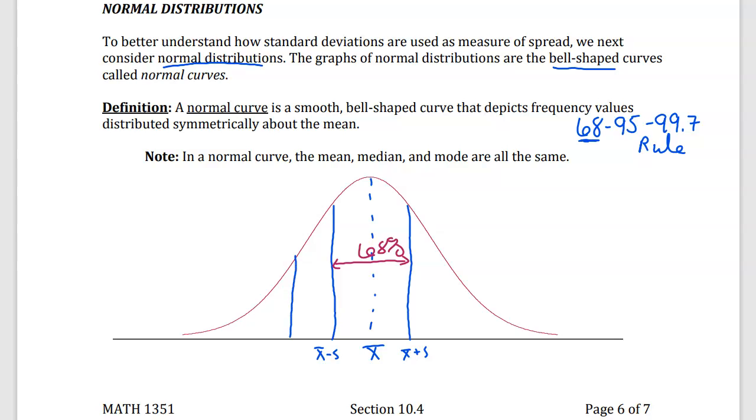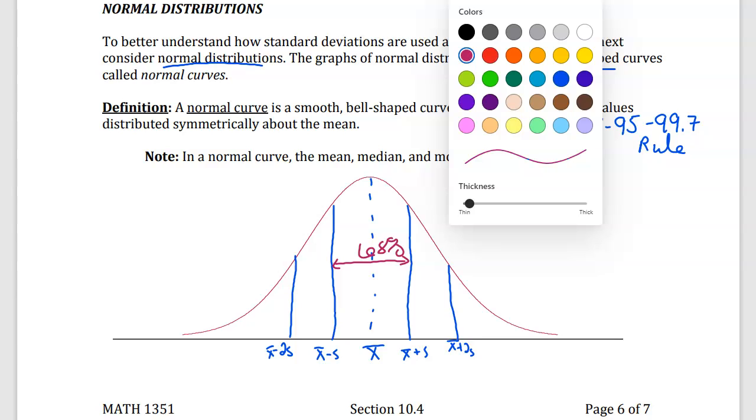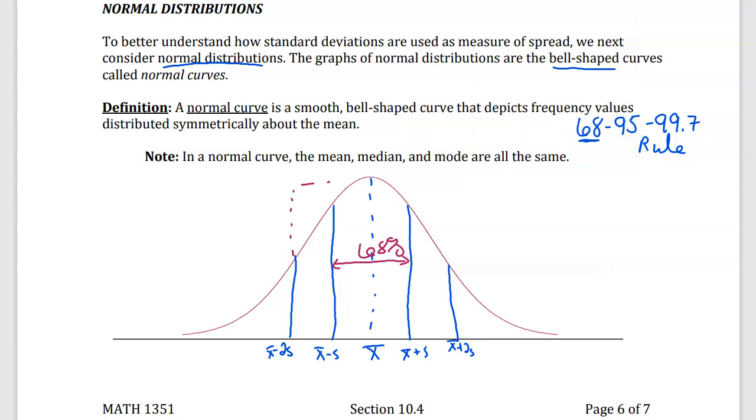Two standard deviations. So this is two standard deviations out. So like our mean minus 2 and our mean plus 2 standard deviations. That is going to include, if I go up and across, this right here will include 95% of our data because it includes this middle 68% and then some more.